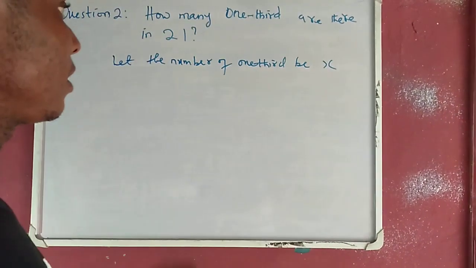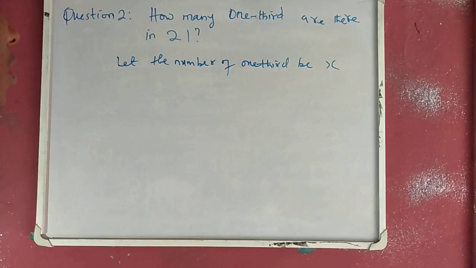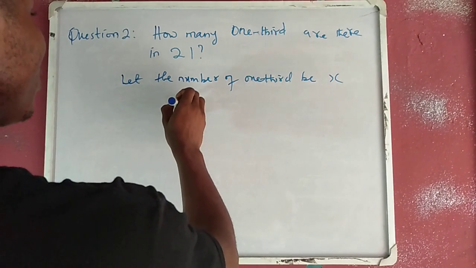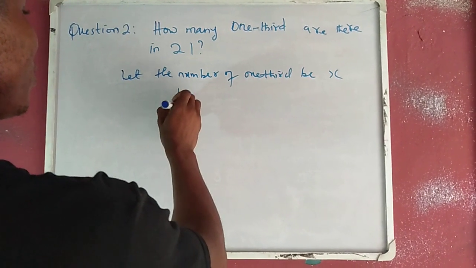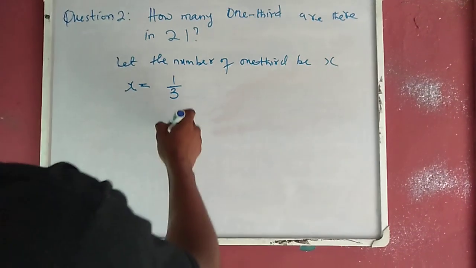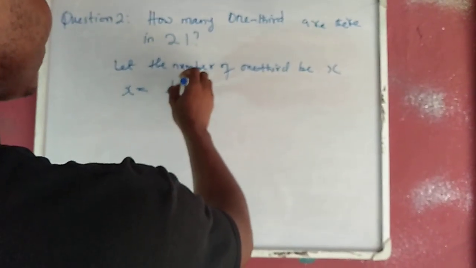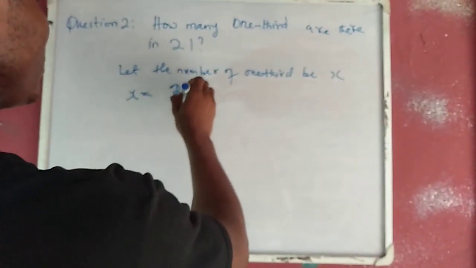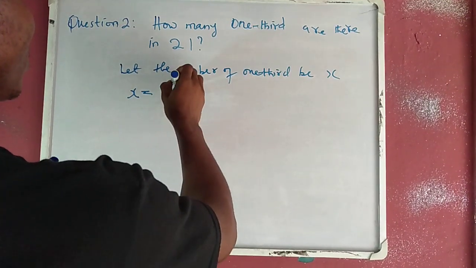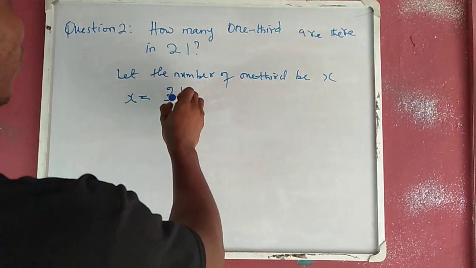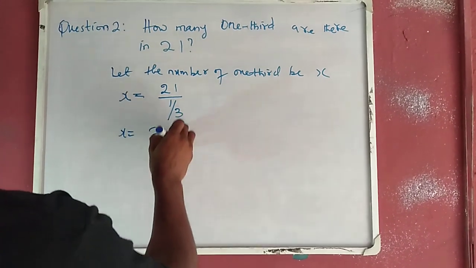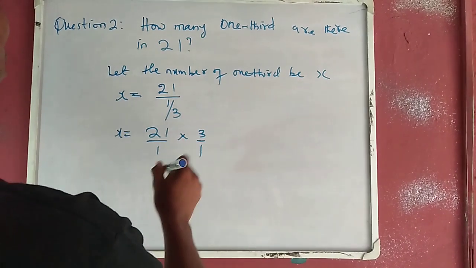Let the number of one third be X. So therefore, X is equal to 21 over one third. X is equal to 21 over 1 times 3 over 1.